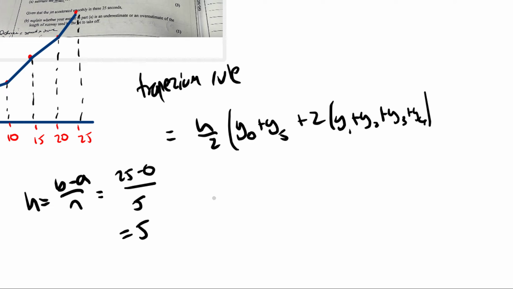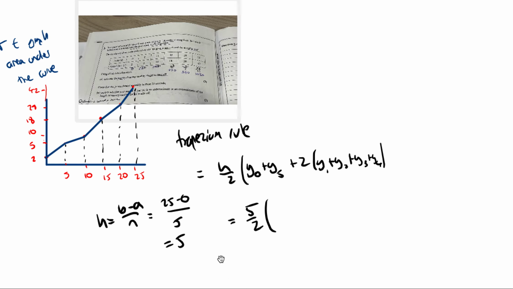So therefore we plug in our numbers: 5 divided by 2, and then y0, our first y value, which is 2, and y5, our last y value, which is 42, and then plus 2 times the rest of the y values, so 5 plus 10 plus 18 plus 28.